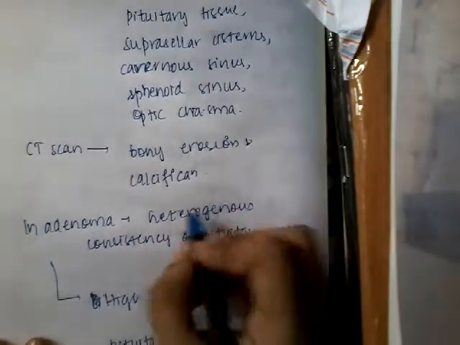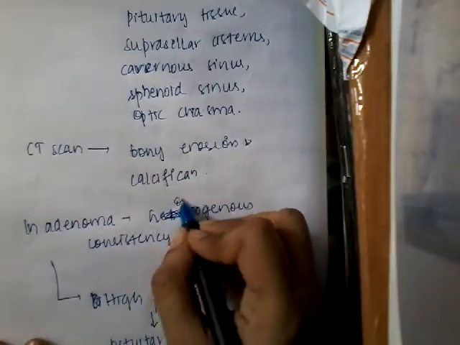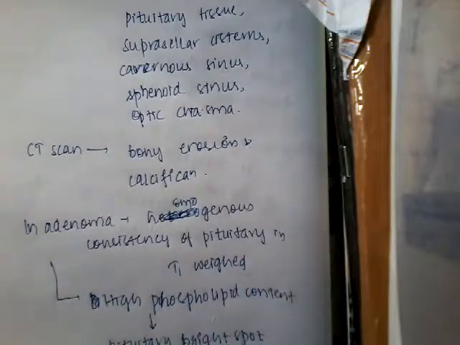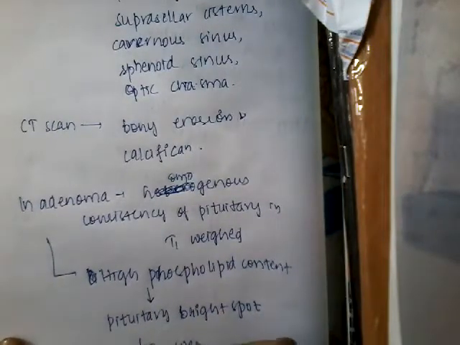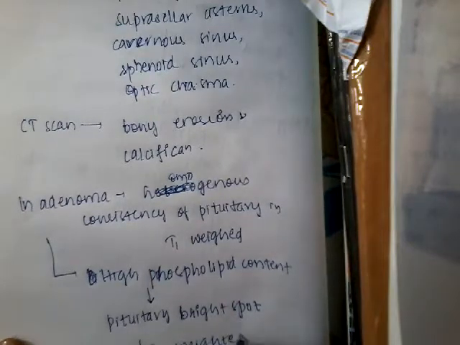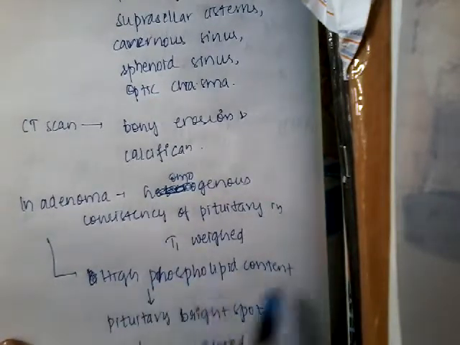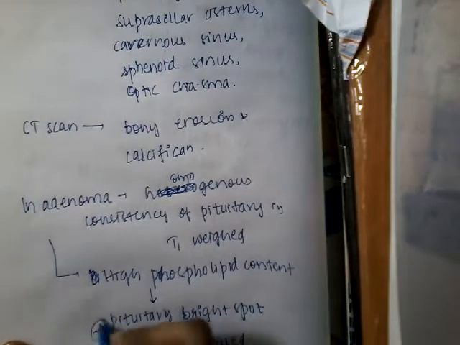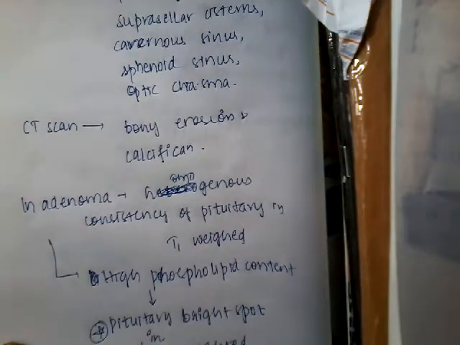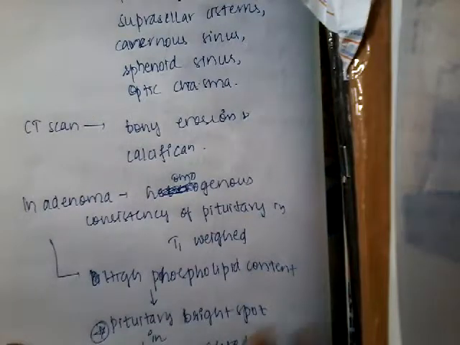This is homogeneous consistency. I'm sorry, this is not heterogeneous. You can see homogeneous consistency of pituitary in T1 weight, and in T2 weight, because of high phospholipid content, it shows as pituitary bright spot in T2 weight imaging. So this is one thing which is seen.